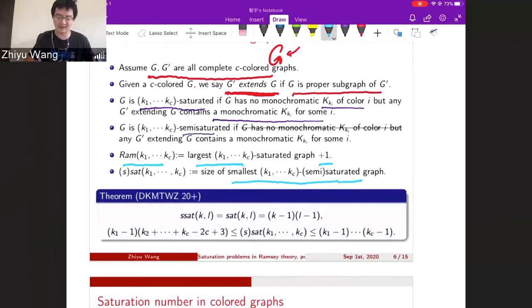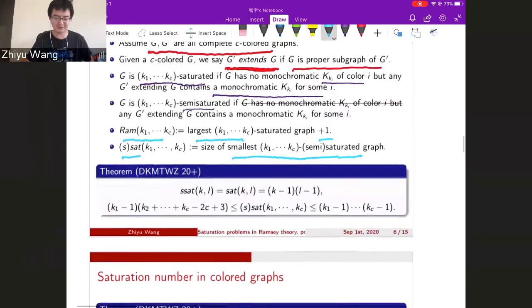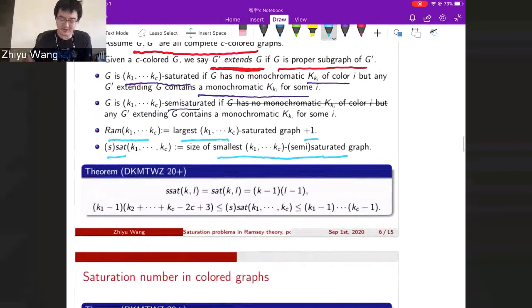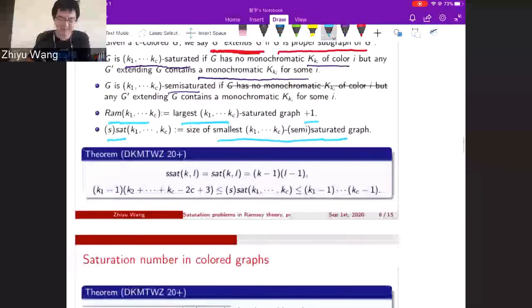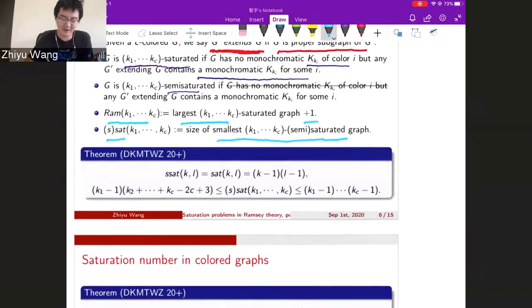The notation is SAT, and depending on whether we talk about semi or not, we add an S in front. What we can show now is that for two colors, the simplest case, for K_k and K_l, the semi-saturation number equals the saturation number, which is (k minus 1) times (l minus 1).